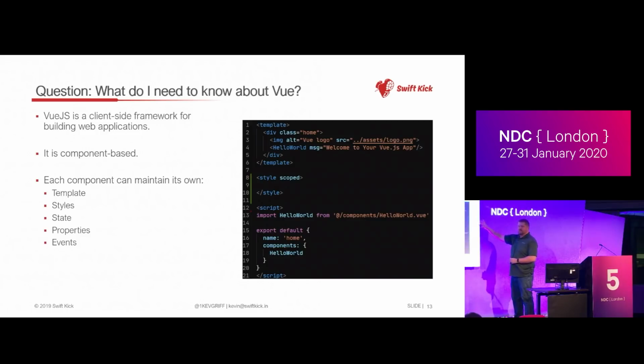It's almost like a Razor page, or more like a web form. So a web form, you have your front end, and you have your code behind. And this makes up one single fundamental component.